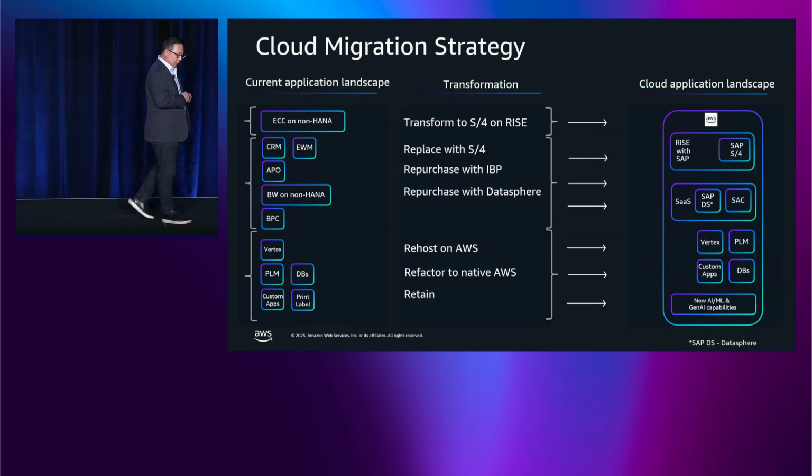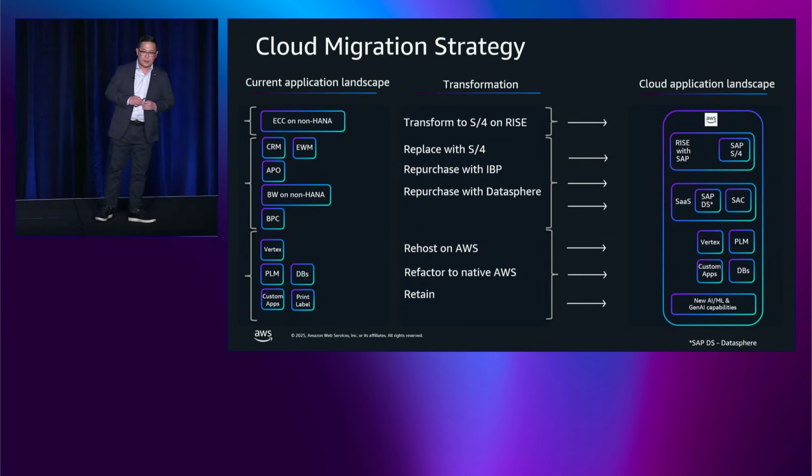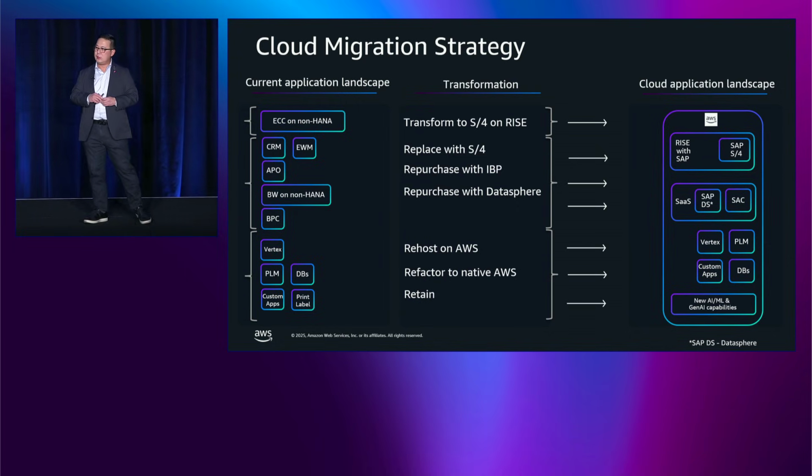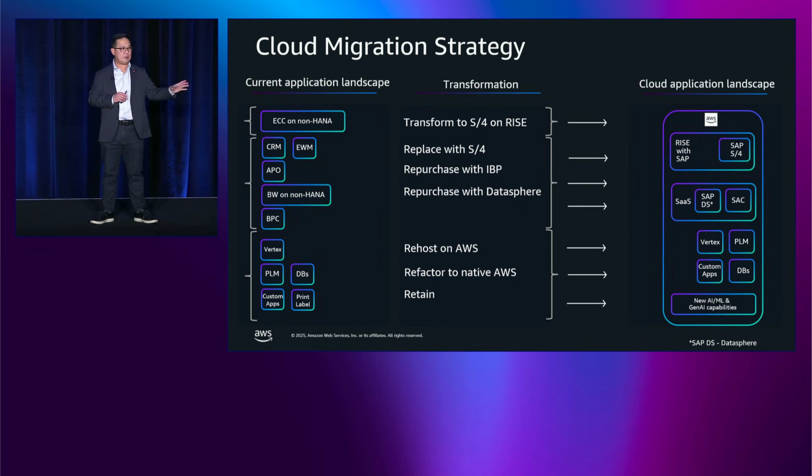Now let's talk about cloud migration strategy here. When you look into the cloud migration strategy, there are really a few areas you need to consider. First is what will be your migration strategy from your on-prem SAP environment into Rise. And this would be an SAP managed AWS environment.